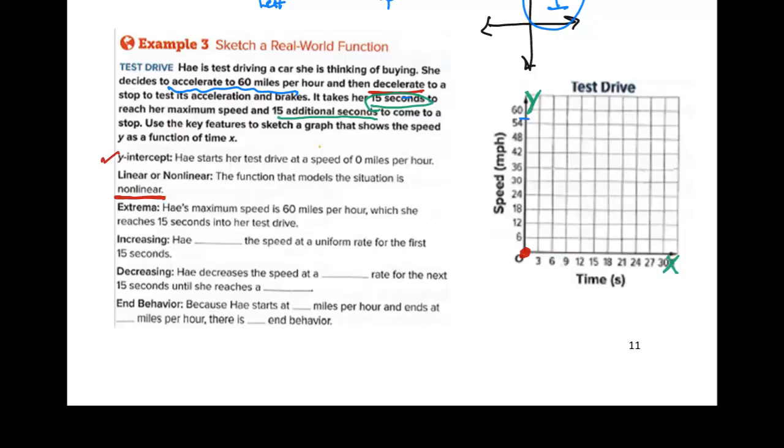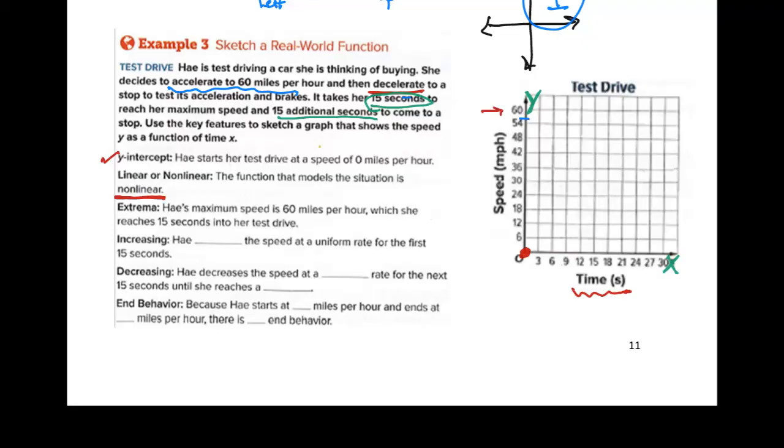Her maximum speed is 60 miles per hour, which she reaches in her test drive. All right, so 60 miles per hour, 60 is way up here, and she reaches that at 15 seconds, okay? So if you look at the bottom, this is your time.